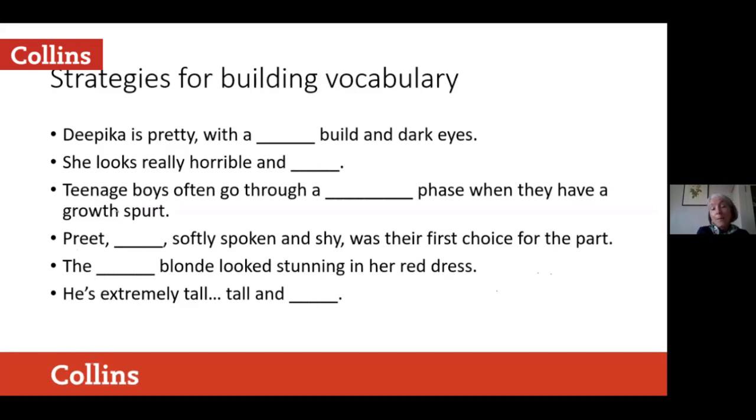So we're getting answers. Plump. Yeah, we're not looking at words that describe us having more flesh on our body than we should. We're looking at words that describe being slim. So we wouldn't use plump because that is not a synonym for slim. That is slightly going the other way.